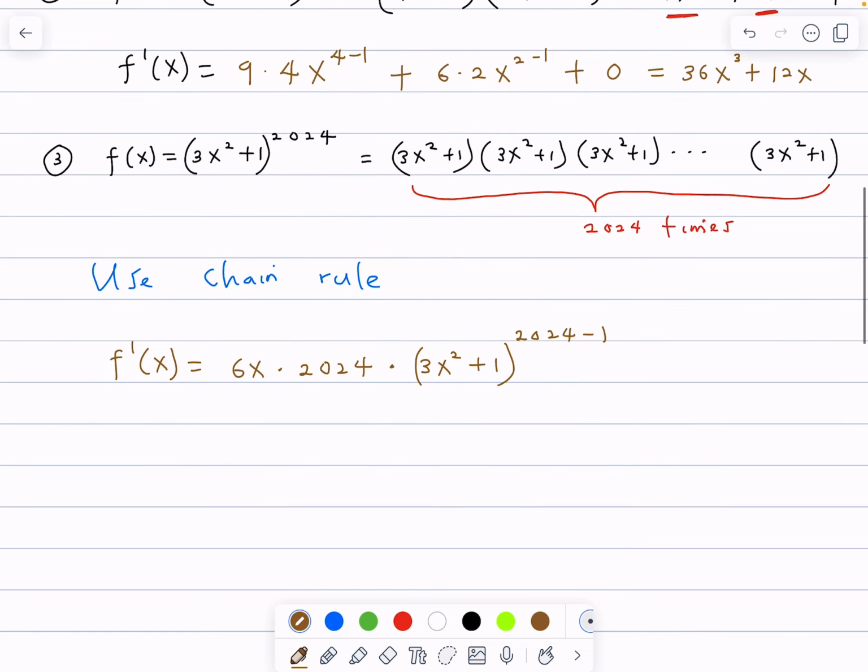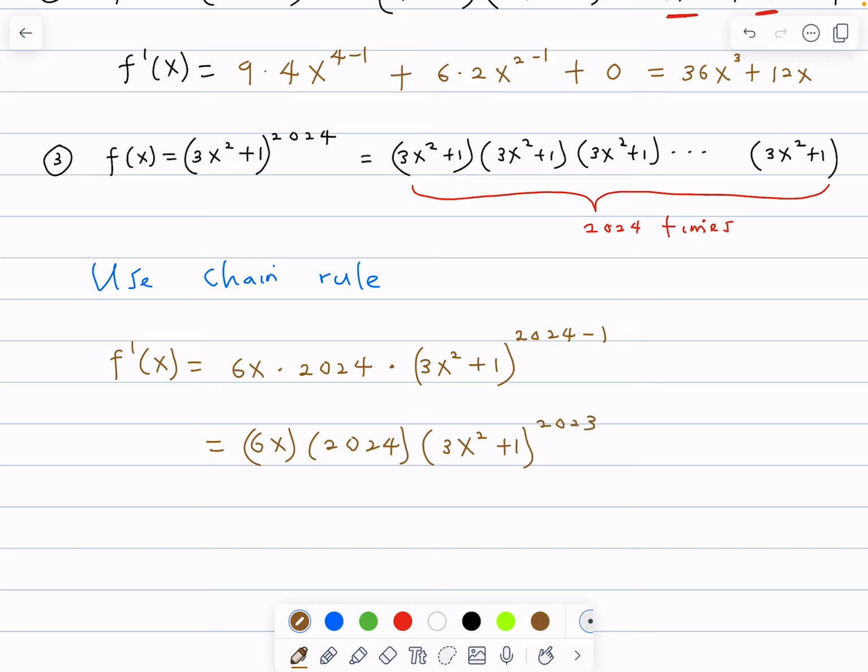If I simplify, I just keep 6x times 2024 times 3x squared plus 1 to the power of 2023. That is the derivative using the chain rule.